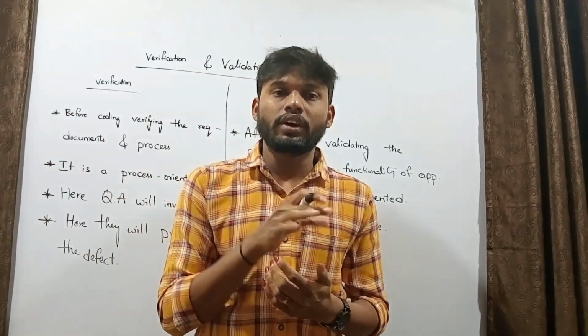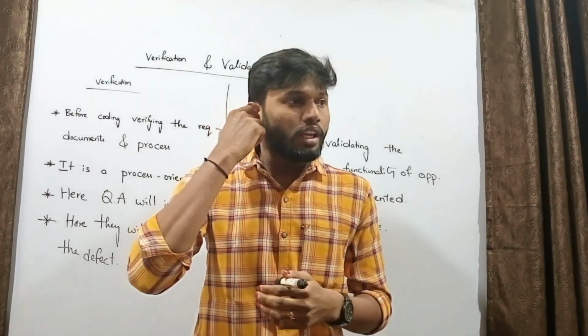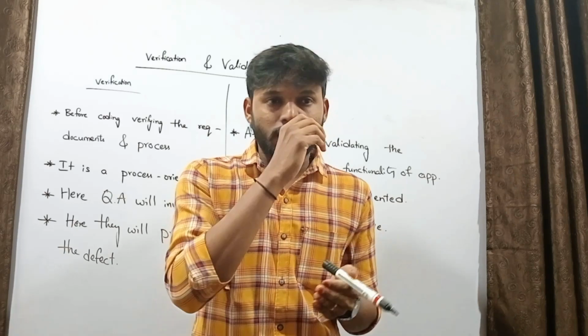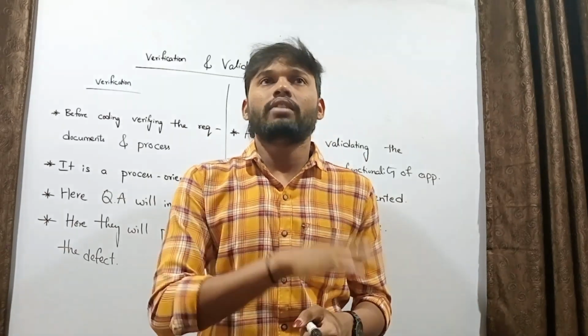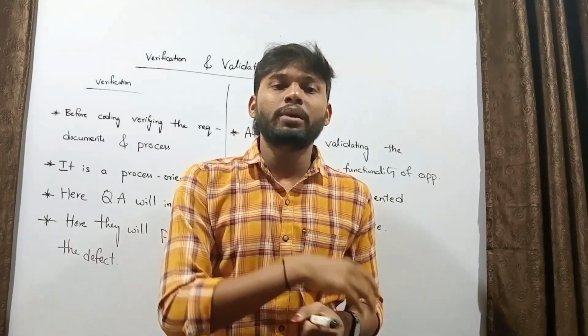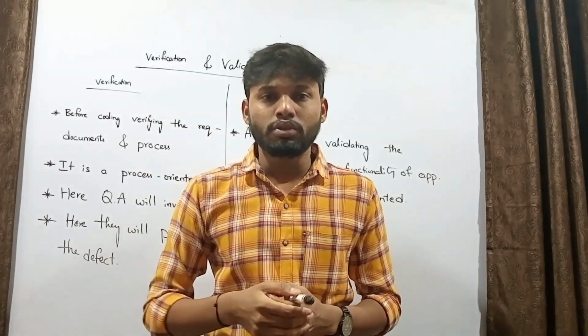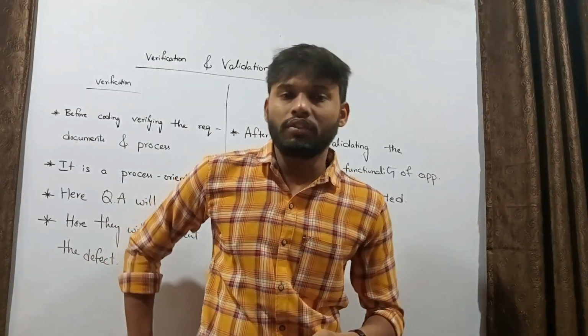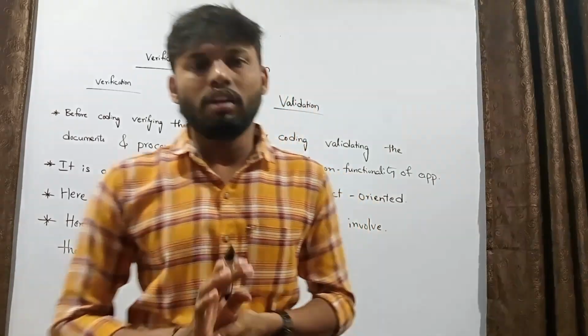They check whether we are going to develop the correct software or not. Why? Because if you are developing anything, there must be demand in the market, and only then do we need to supply it. If we do the verification, we can know whether the software has demand or not.